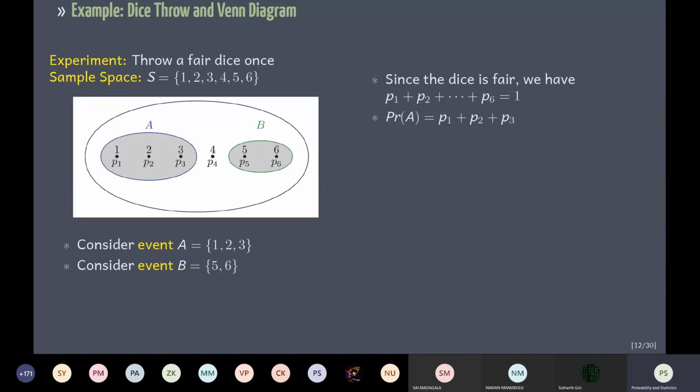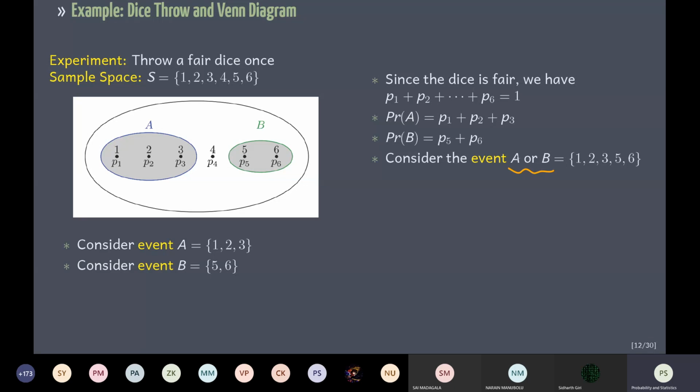Let us define the probability of the event A. Well, not defined, but this is what it is. The probability of event A will be the sum of the probabilities P1, P2, P3. And the probability of B will be P5 plus P6. Now consider the probability that A happens or B happens.